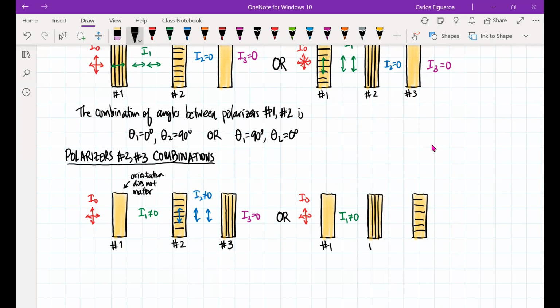So now I have this combination, which then guarantees, as the light comes in through here, this guy is going to get filtered out and then cause this guy to be 0, which is exactly what we want.